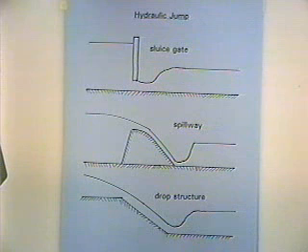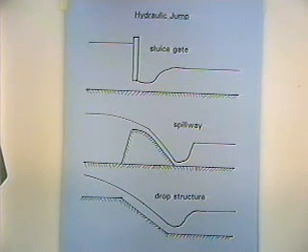Now, this is perhaps one of the most common applications that we relate to the concept of critical flow and super versus subcritical flow, and that's the hydraulic jump. And the hydraulic jump is a very efficient energy dissipator.